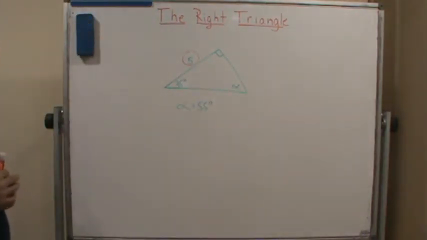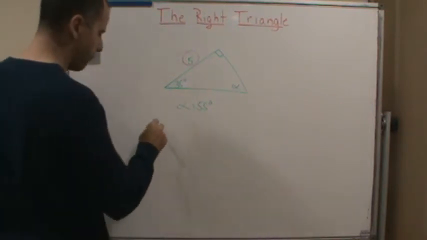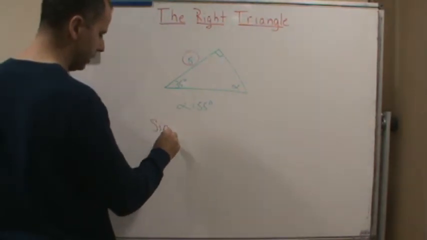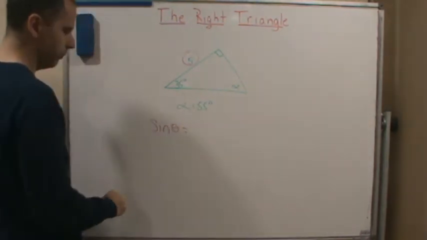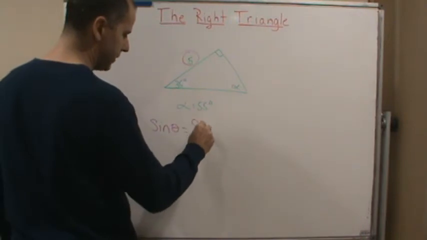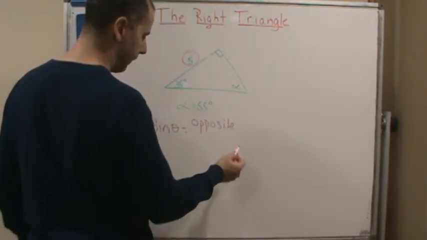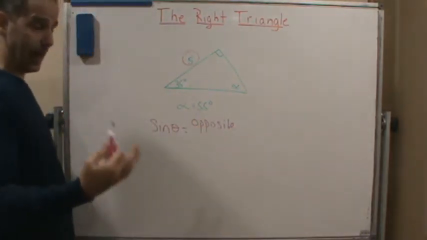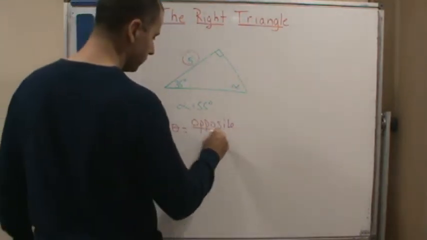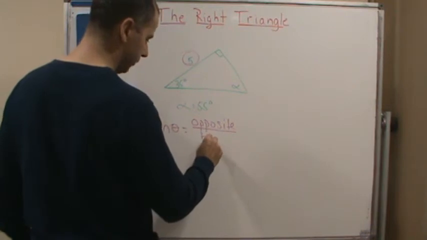And so we're going to use that to solve these triangles. Okay? So again, when we look at sine of theta of an angle, we're talking about the opposite angle, or excuse me, the opposite side over the hypotenuse.